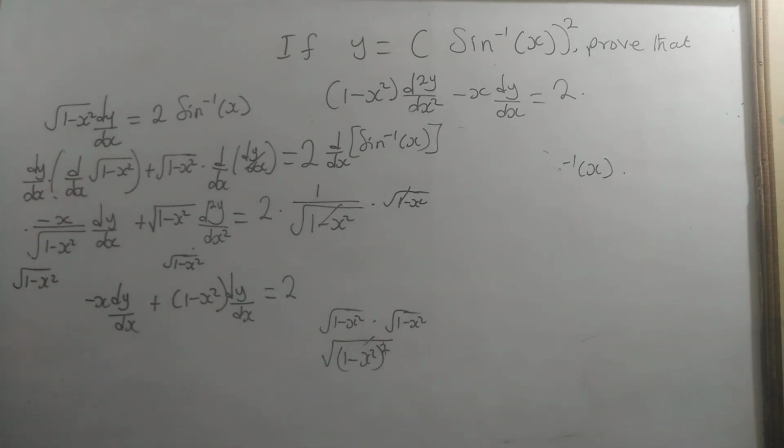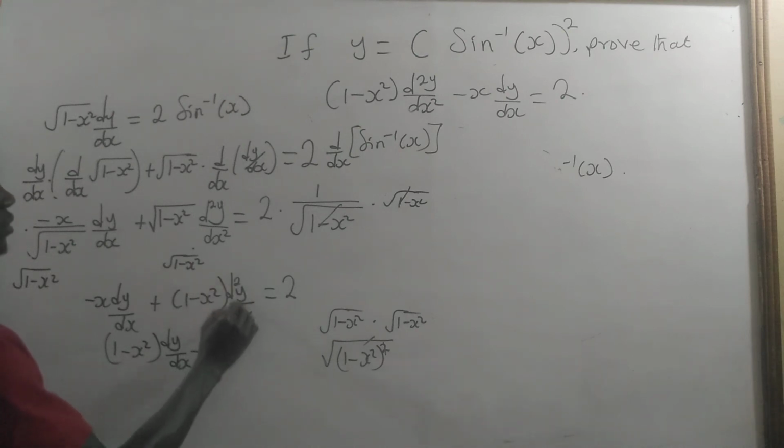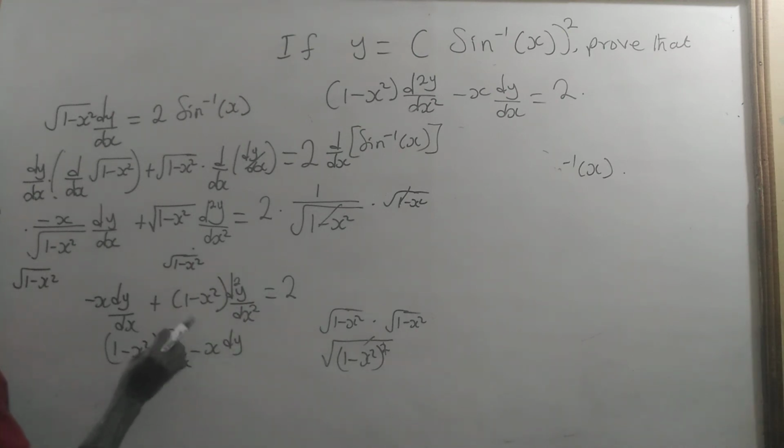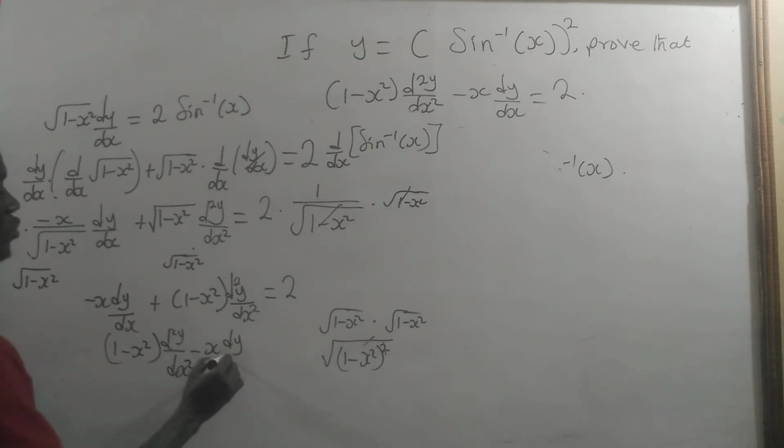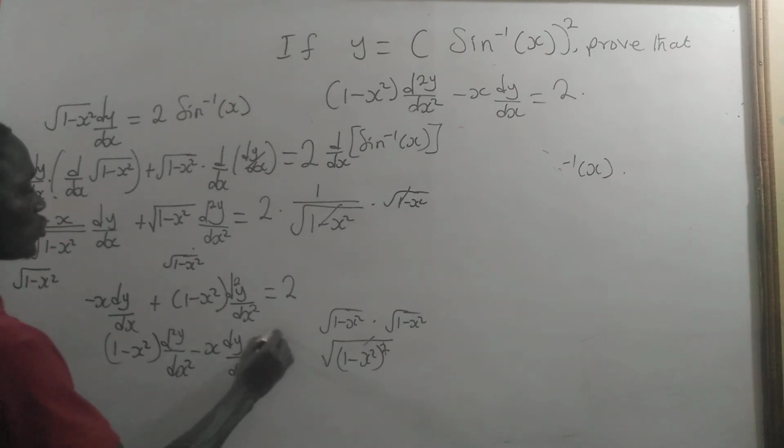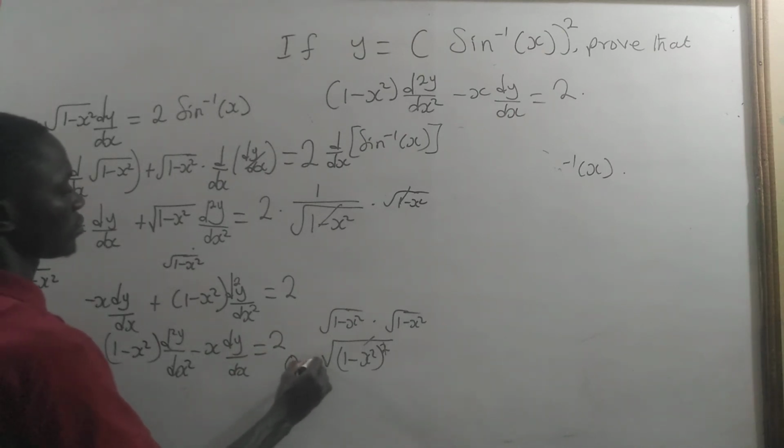Just left with rearrangement. So here we have 1 minus x squared times, oh, this is d squared y on dx squared, minus x dy/dx is equal to 2.